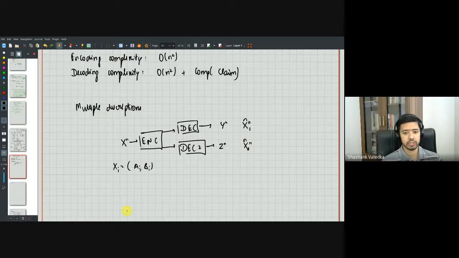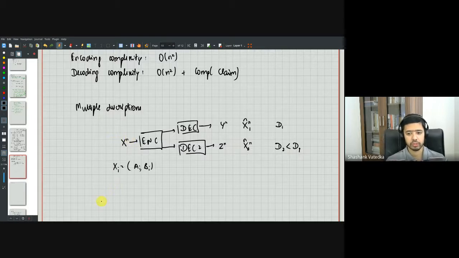But an even more general setting is that suppose you have a single xn, and this person wants to estimate xn with some distortion d1, and the second decoder wants to estimate with some other distortion d2, which may be perhaps less than d1. So he wants a more accurate representation of xn.